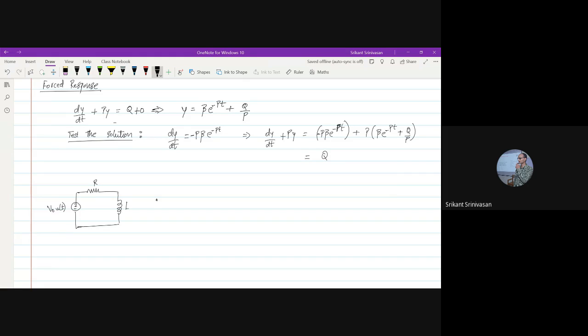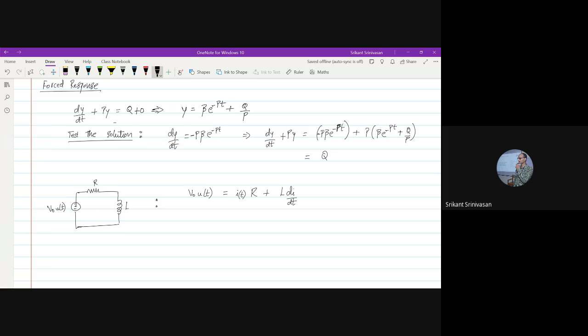So if I want to solve this system now, then what I would write is V naught U of t, the applied forcing function, is equal to I times R, where remember when I write I as a small lowercase letter, it actually means I of t, right? It's the time varying function. I of t into R plus L di over dt.